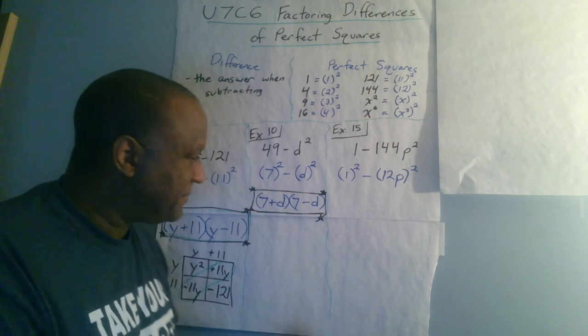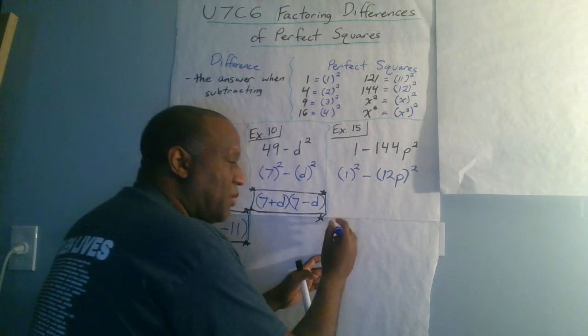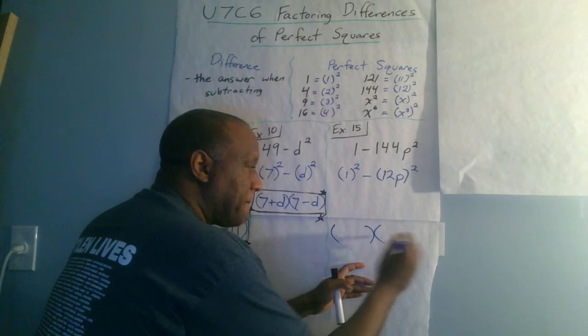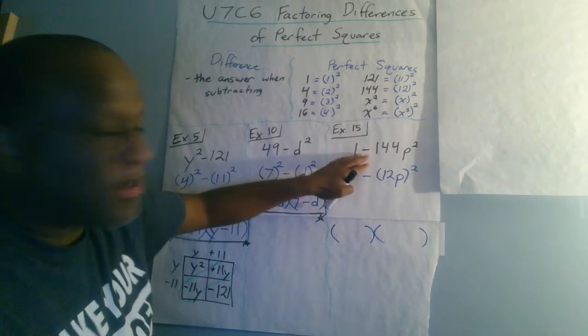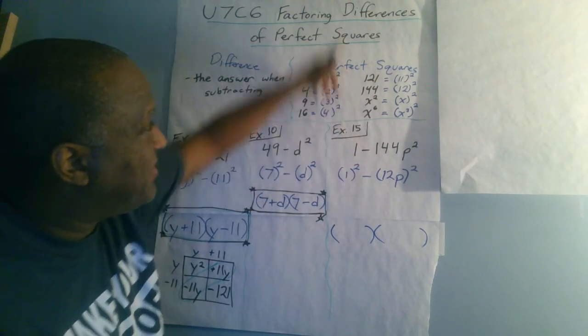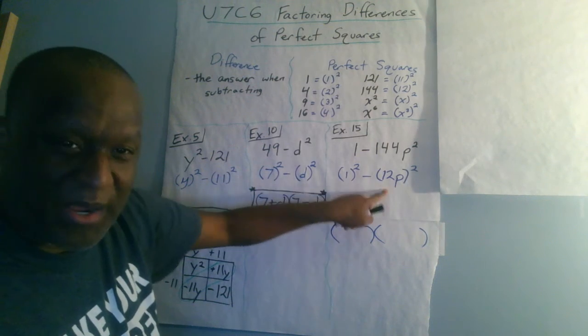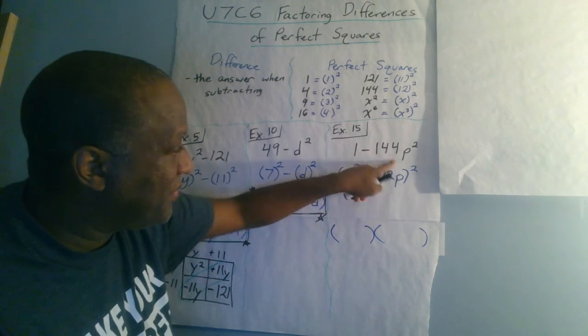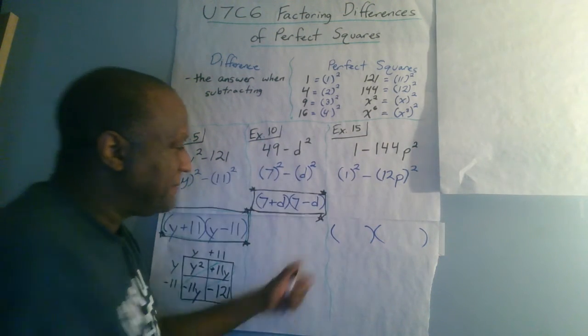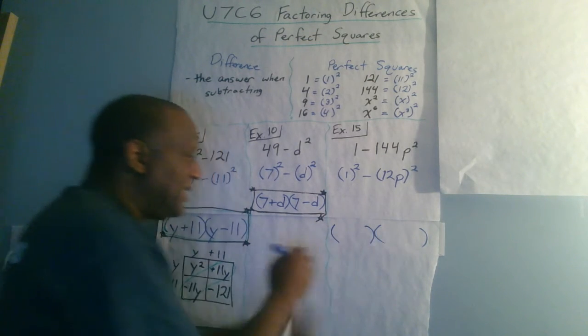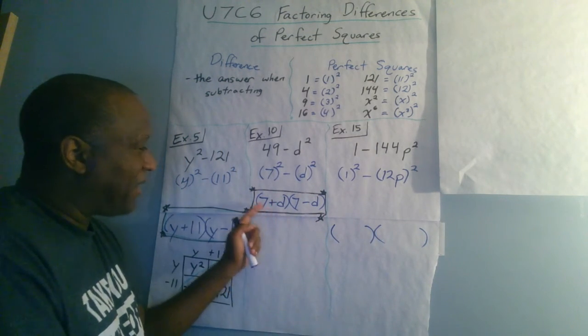Same procedure. Set up your two parentheses for your two binomials. This is a special method that only works when we have the difference of two terms that we can write as something squared. We're always going to do plus minus. This time I'll switch it up to show you it doesn't matter. I'll put minus plus.